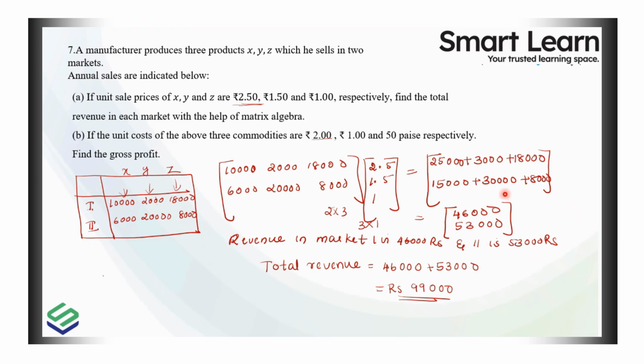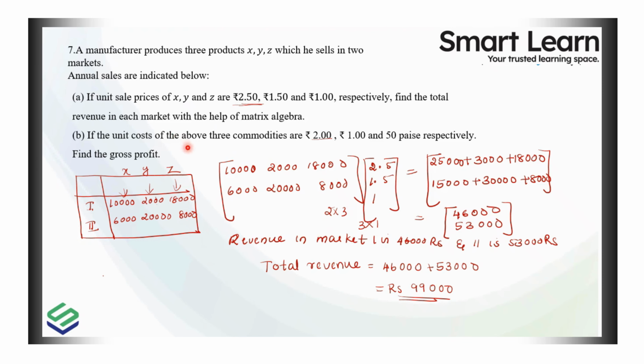Then only multiplication is possible. Then 10,000 into 2.5 plus 2,000 into 1.5 plus 18,000 into 1. Same like the next row. So you will get 46,000 and 53,000. That means the revenue in market 1 is 46,000 and the revenue in market 2 is 53,000. They are asking the total revenue, that means you have to add this.